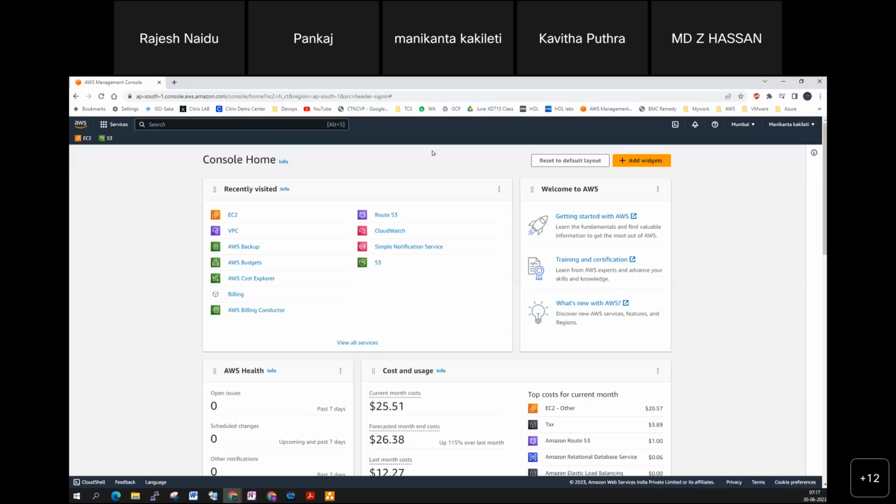Almost 34% of the world's customers are using these services. In India, if you take 100 IT companies, 30 plus companies are using these services. That means 34% of customers are using these products.